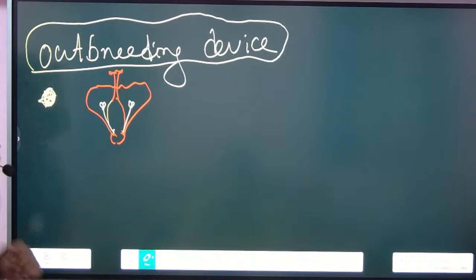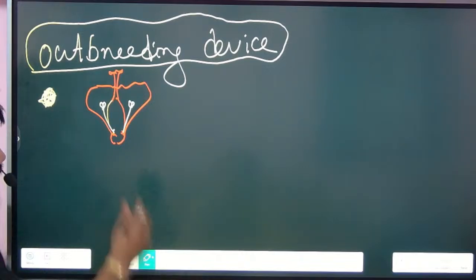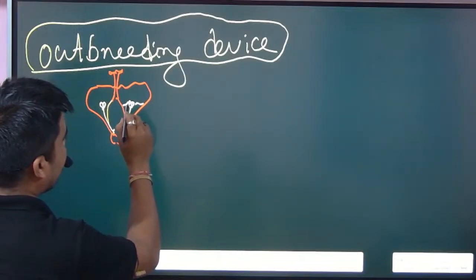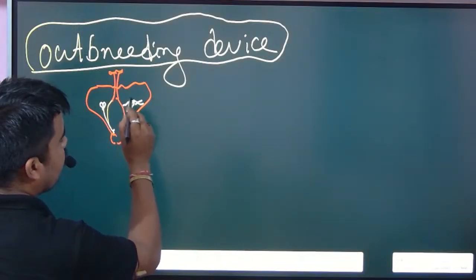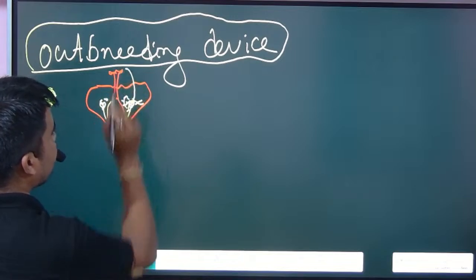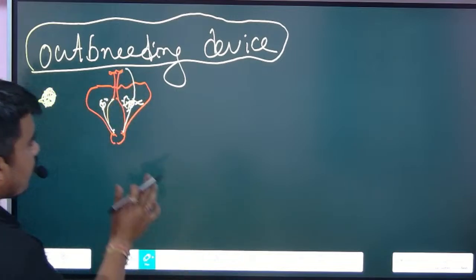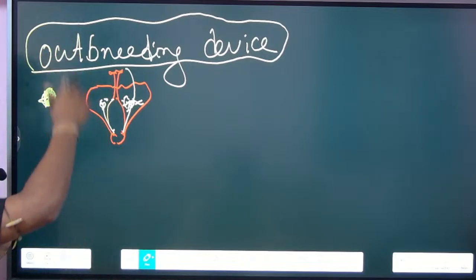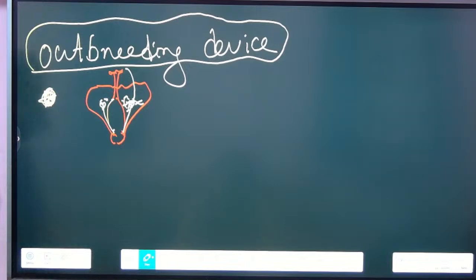There is less chance for pollination, because if there is wind, the stamen will disperse the pollen grains from this, so they cannot come to this portion. So it's an outbreeding device, because there is a difference in the length of stigma and stamen. Got it?